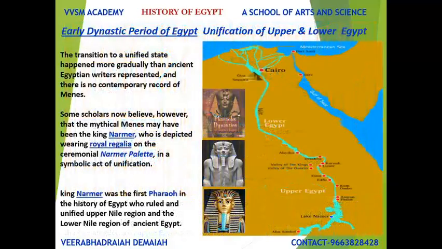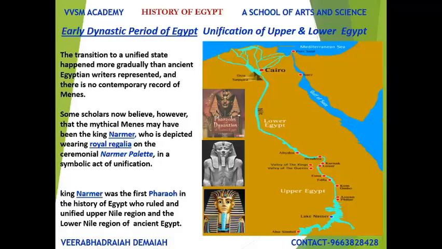Early dynastic period of Egypt, a unification of Upper and Lower Egypt. As I told you, the transition to a unified state happened more gradually than ancient Egyptian writers represented, and there is no contemporary record of Menes.